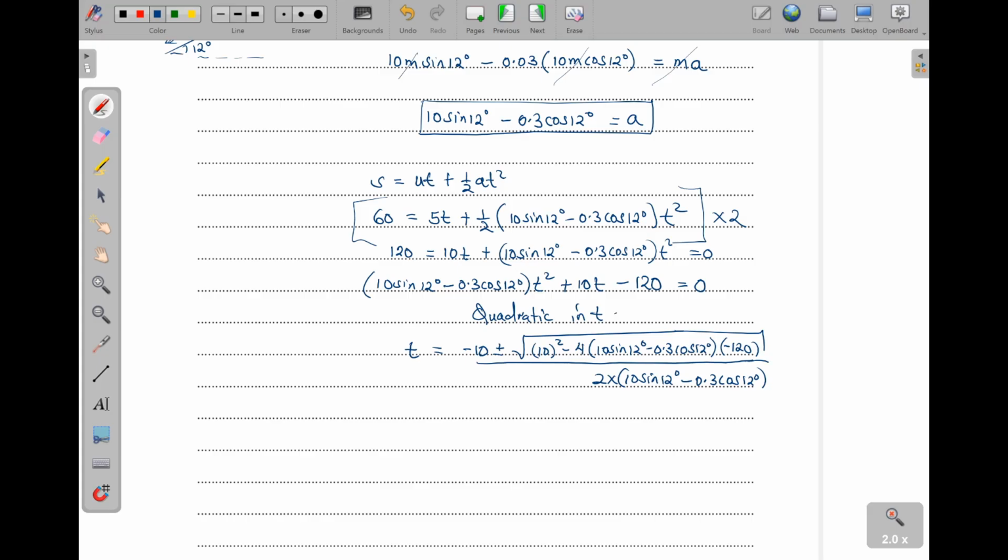Of course, we are not going to take time as negative; we are going to take time as positive. So I'm not going to consider the minus here.